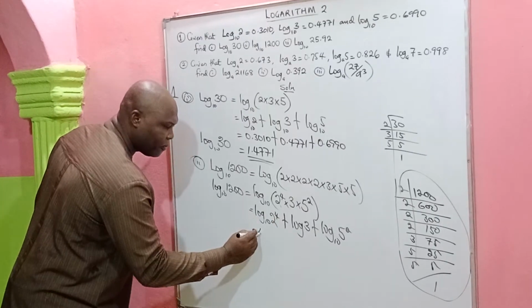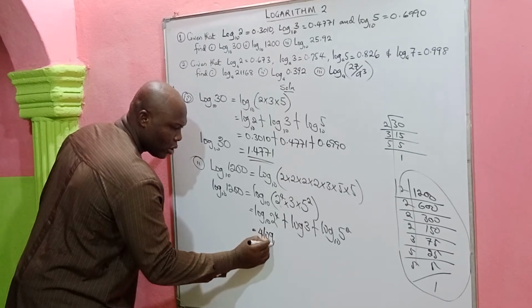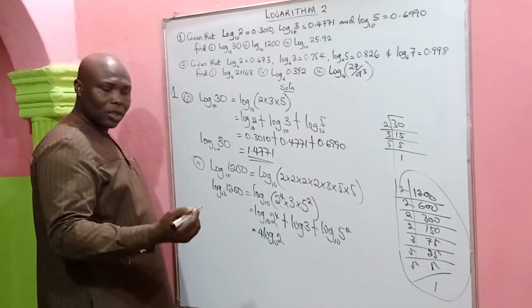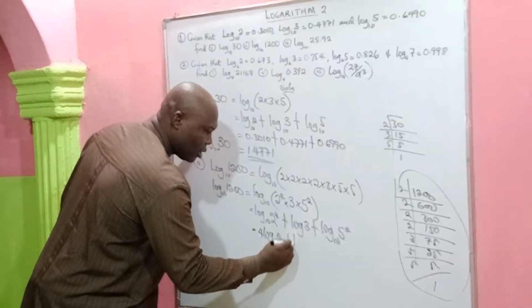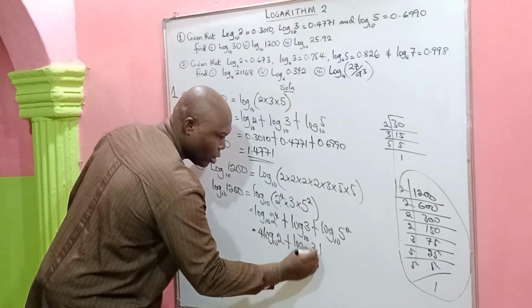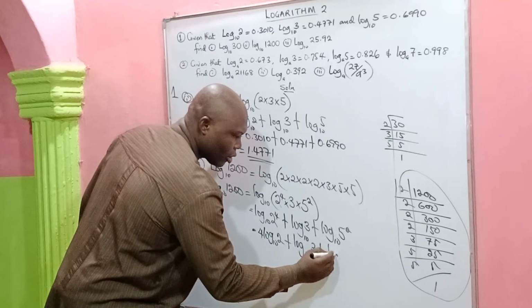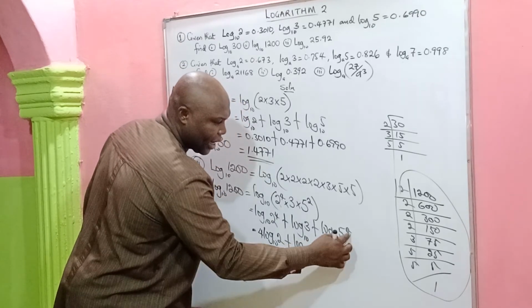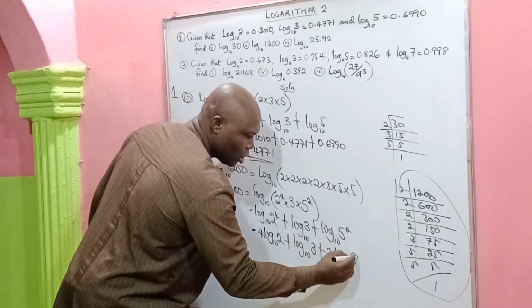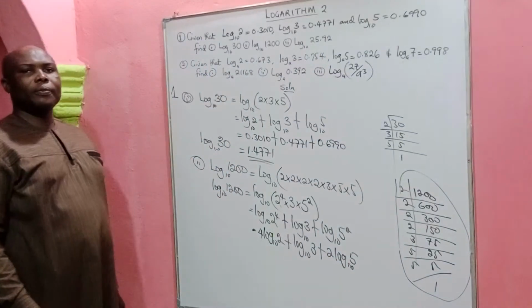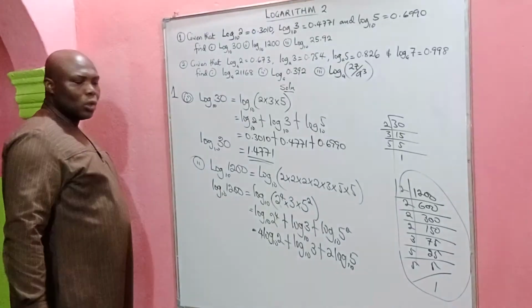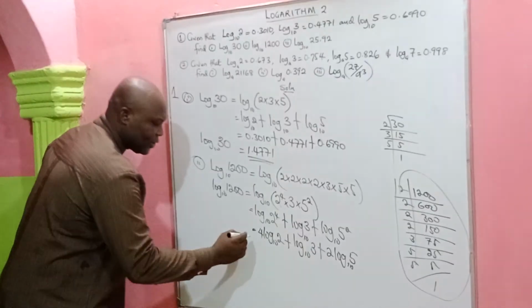So this will be 4 times log 2, plus log 3, plus 2 times log 5. By the third law, whatever is the power moves forward.